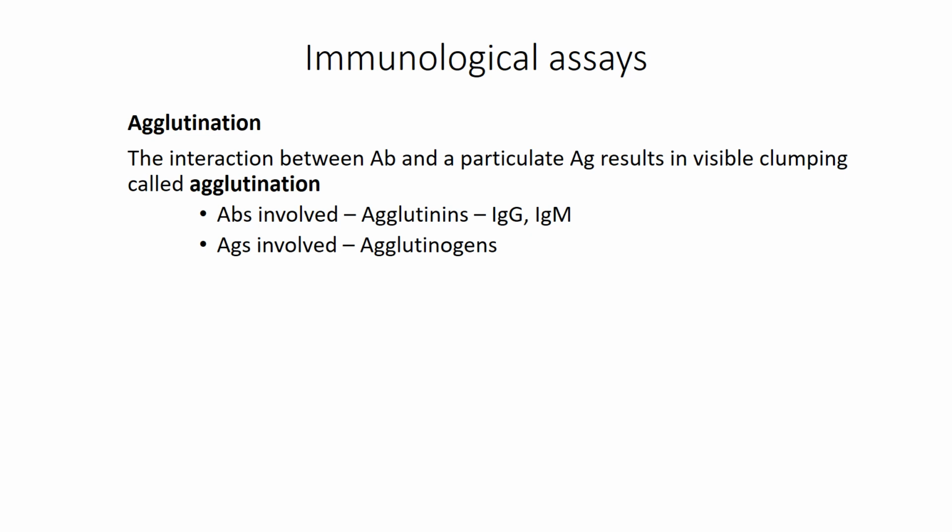The antibodies involved in this are called agglutinins. Antigens involved in agglutination are called agglutinogens. Agglutinins are primarily IgG and IgM, which is the first one and the largest repertoire of antibody responses.